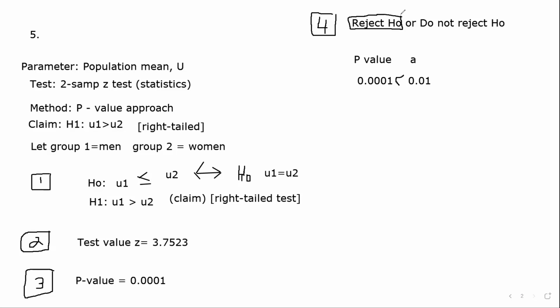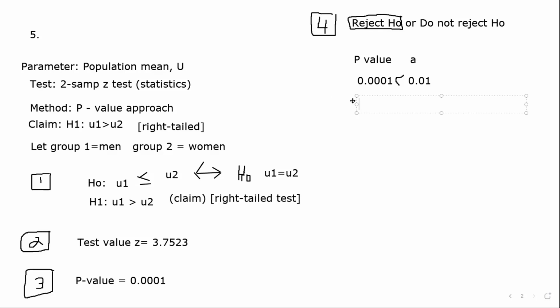We reject the null. Well, let's finish step 4 first.